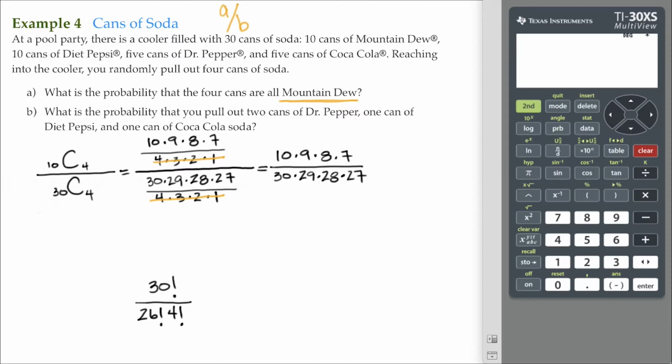And when you think about it, if I've got a cooler filled with 30 cans of soda and I'm going to reach in and pull out a can of Mountain Dew, I have a 10 out of 30 chance of that occurring. That's this right here.